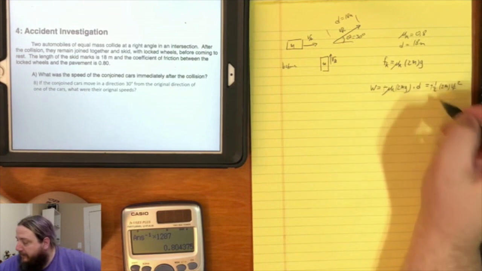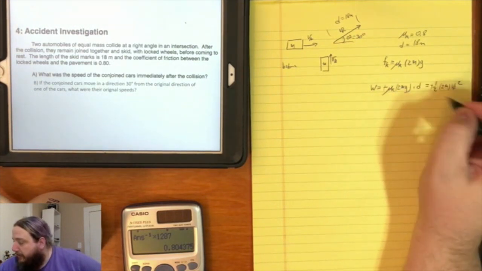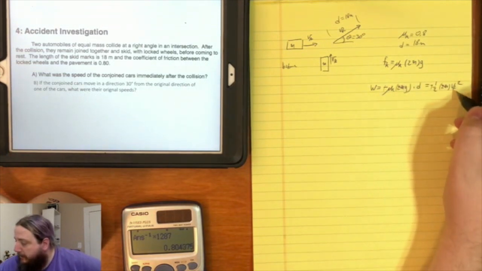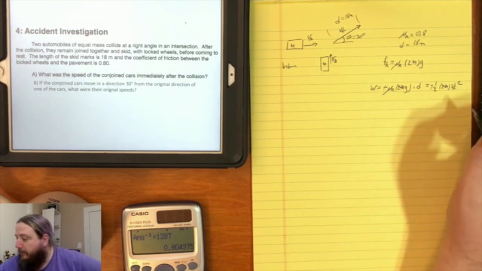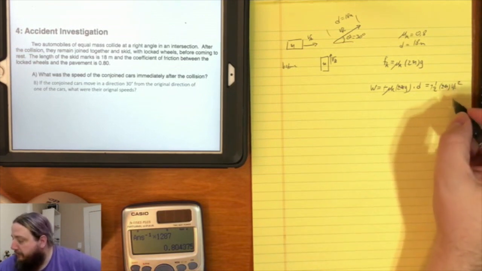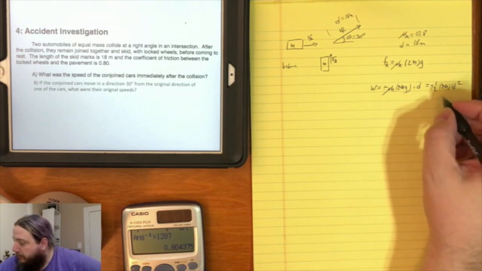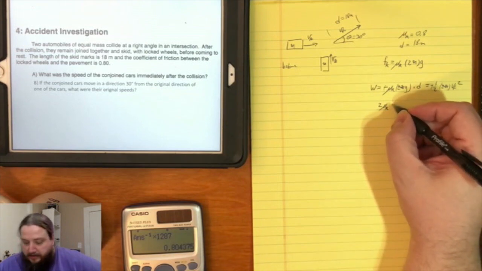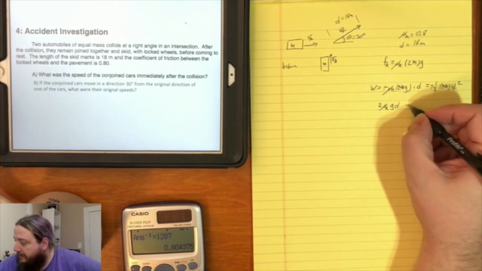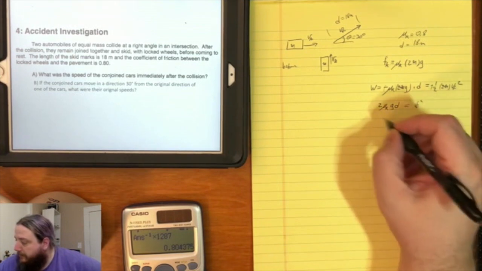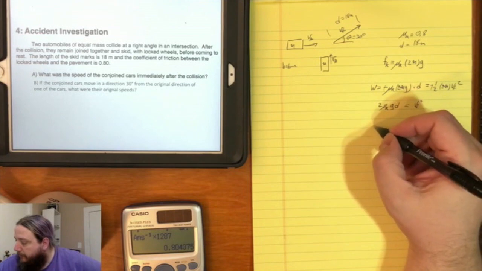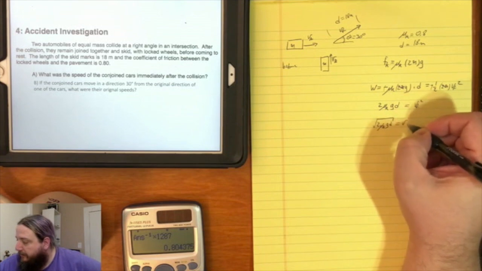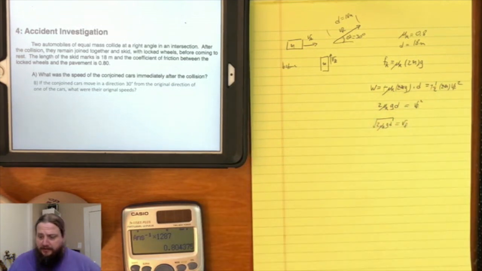So the minus signs cancel, the 2m's cancel, and we're going to look here for v final squared, and so 2 mu k times g times d is v final squared, and so the square root of that, square root of 2 mu k g d, is our final velocity just after the collision.